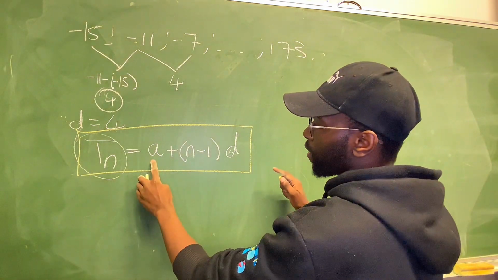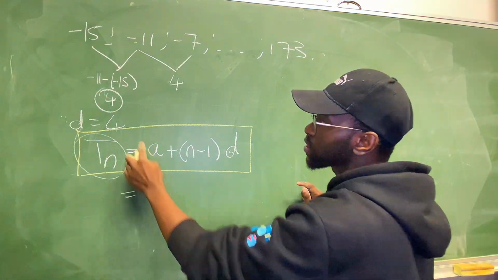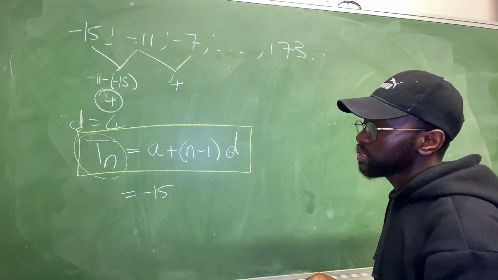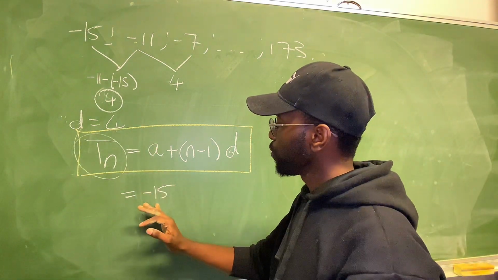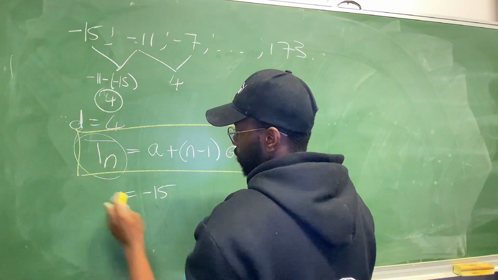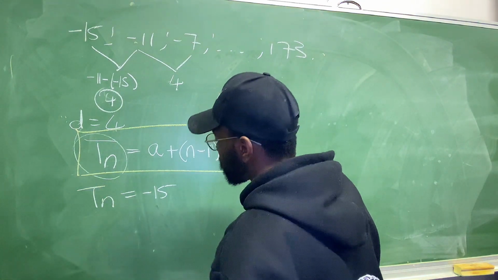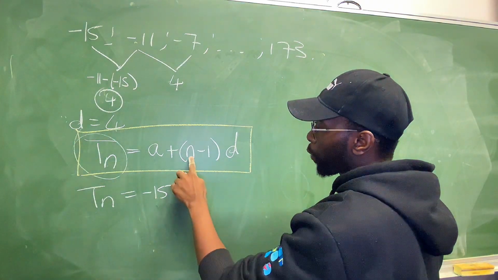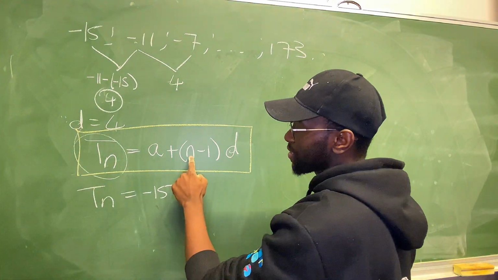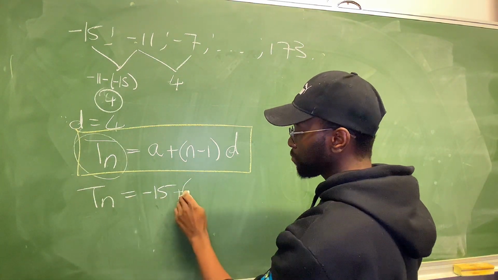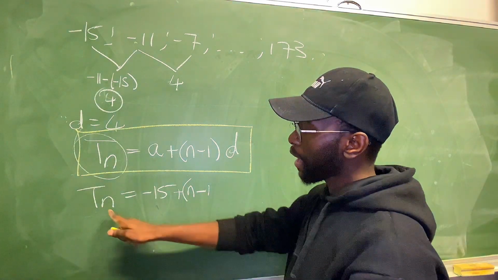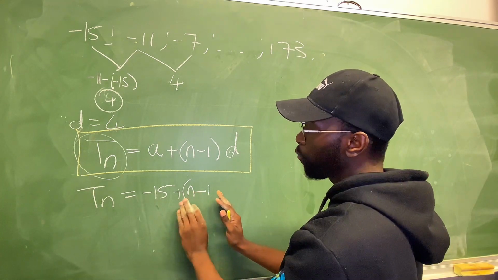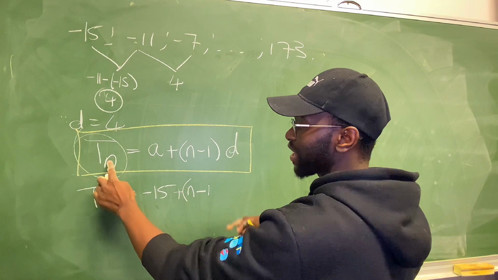Now, what is our first term? Our first term is term 1. So A is negative 15. We put that in our formula, and then remember we are looking for Tn. Our first value is minus 15 plus, what is our n? Our nth term. Since we are looking for Tn, that means we will keep the n here. Unless I put T4 here, then I will put 4 here. But unless I do that, we're just looking for a general formula for the nth term.